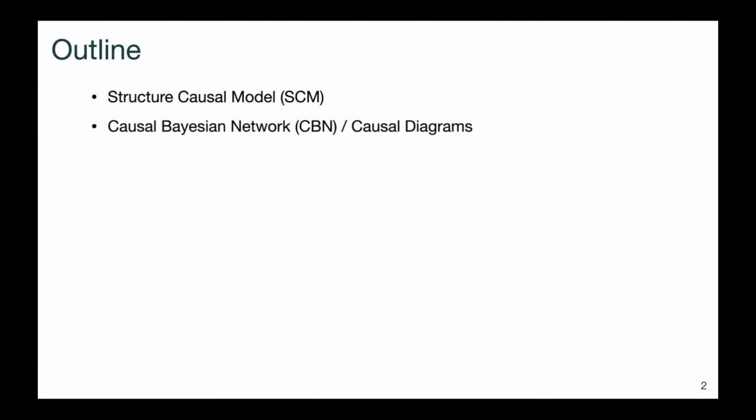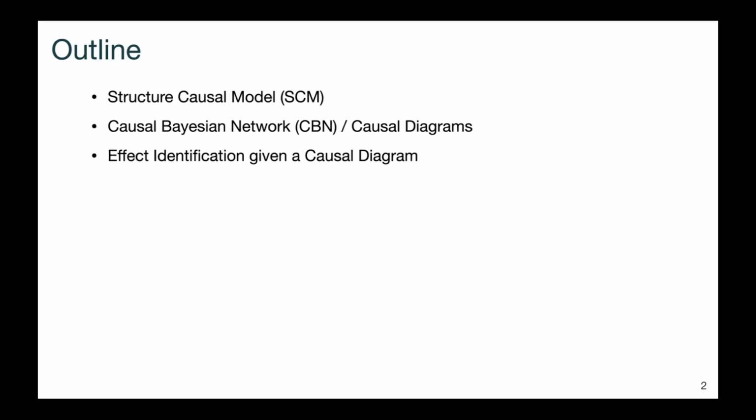Then I will also define properly what causal Bayesian networks are, which is a synonym for causal diagrams. Also, we will first start evaluating the effect of a causal direction once you know the causal diagram, so given a causal diagram.